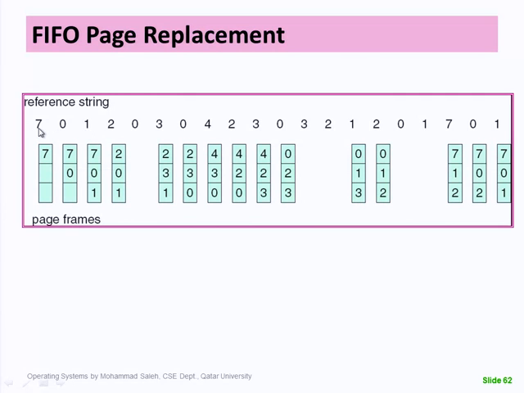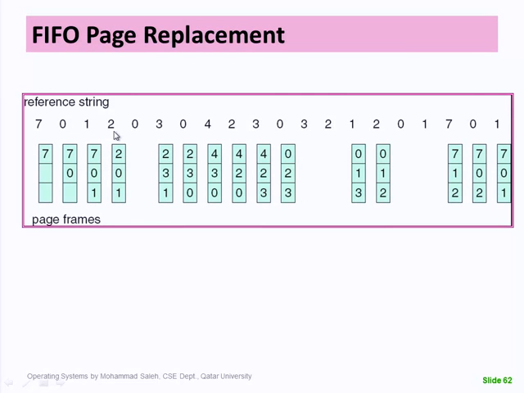At the beginning, 7 is not in memory, that's a page fault, swap it in, and we already have an empty frame. At this point, we did not need to use any replacement algorithm because we already have an empty frame. The same thing for 0, 1. So we have 7, 0, 1, 3 page faults, but we did not use the replacement algorithm.